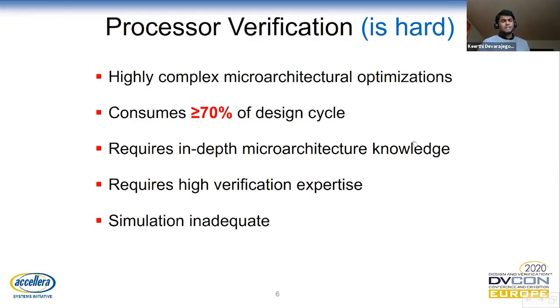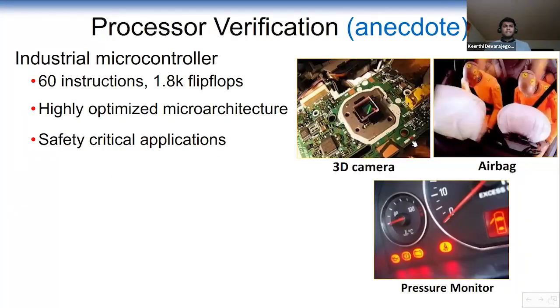So let's consider an example. Here is an industrial microcontroller core that was built at Infineon. The ISA of this core specified around 60 instructions, and the RTL implementation included around 1800 flip-flops.